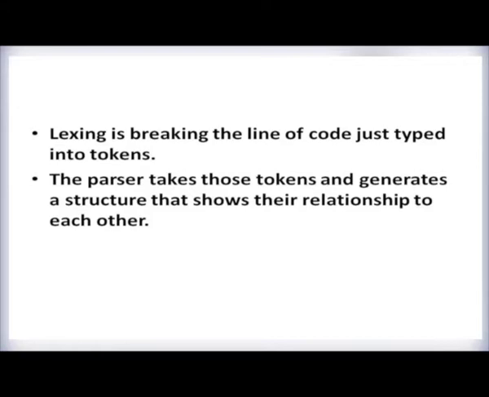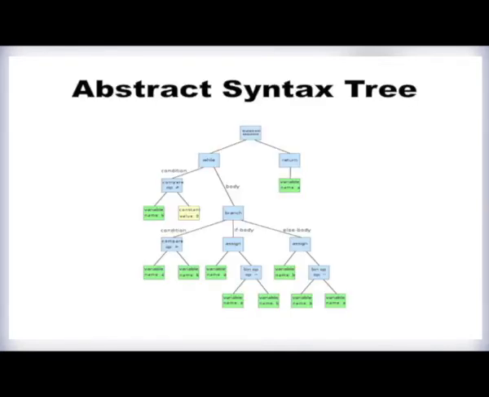The parser takes those tokens and generates a structure that shows their relationship to each other. This structure is known as the abstract syntax tree, called AST. The compiler then takes the AST and turns it into one or more code objects. Finally, the interpreter takes each code object and executes the code it represents.